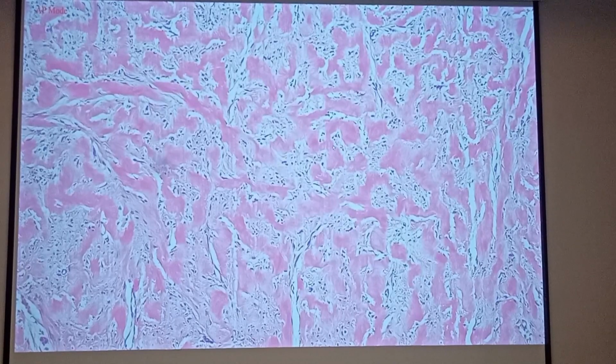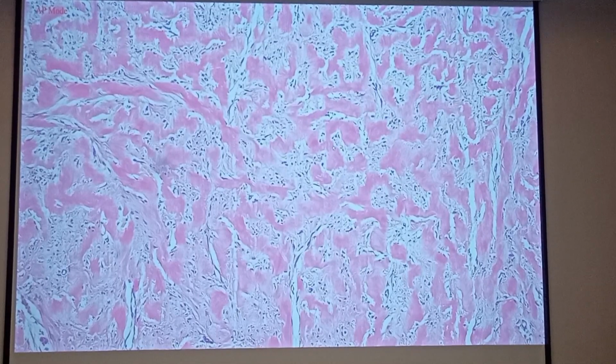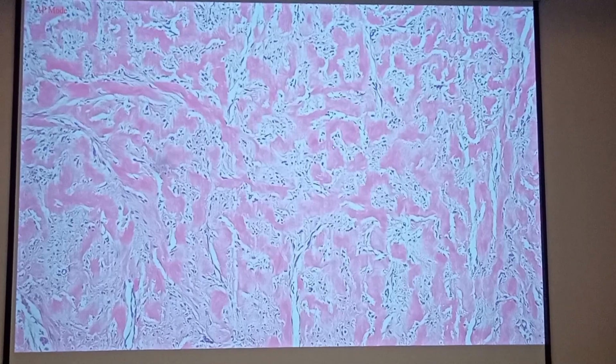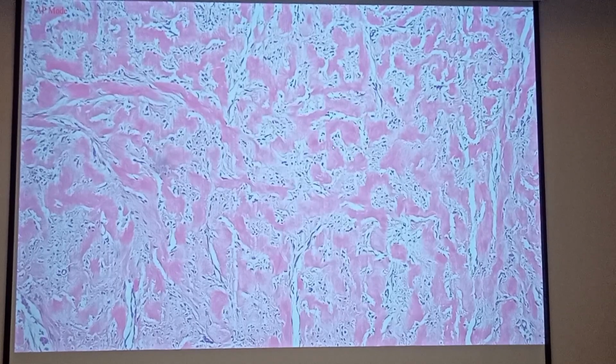If you have a wound and there's a protruding scar over it, but the scar does not go beyond the borders of the original wound, then that's a hypertrophic scar. Now it spreads beyond the borders. If it spreads beyond the borders of the original wound, then you call it as a keloid.